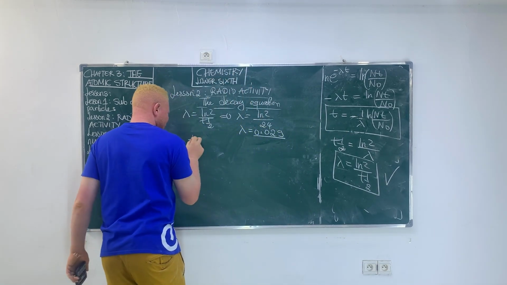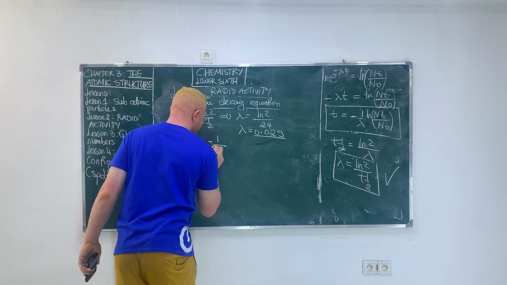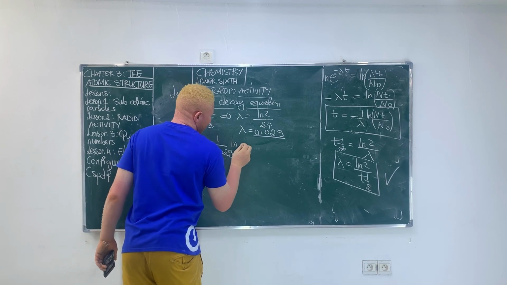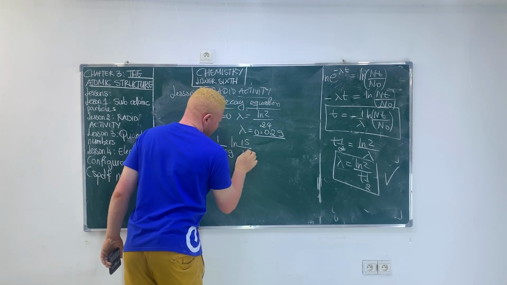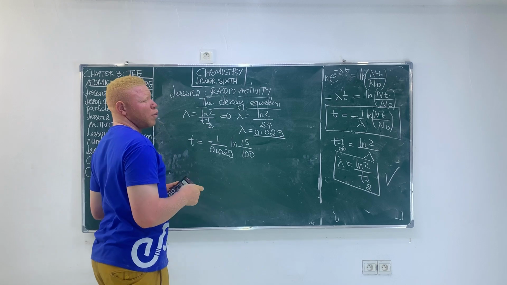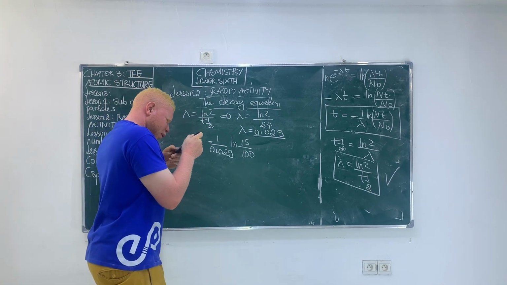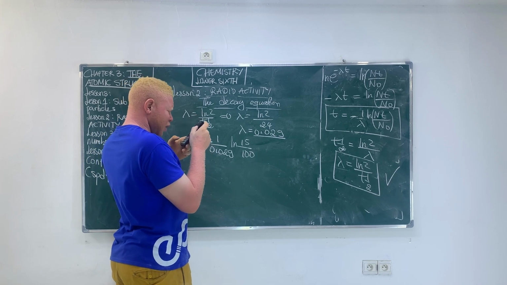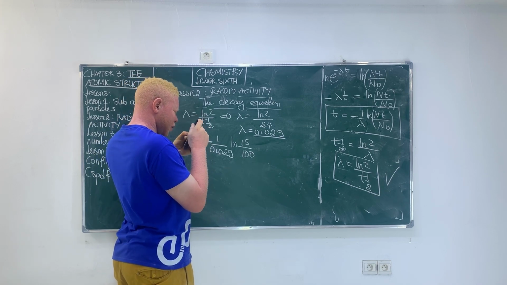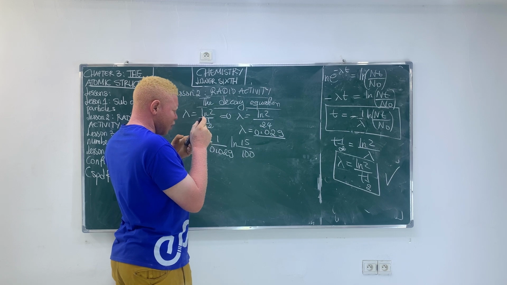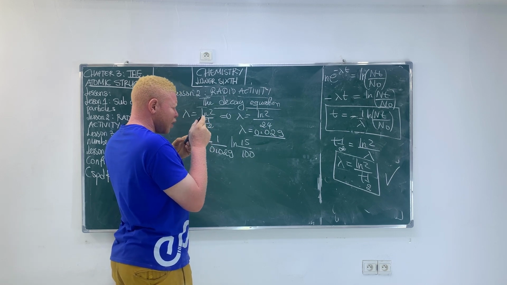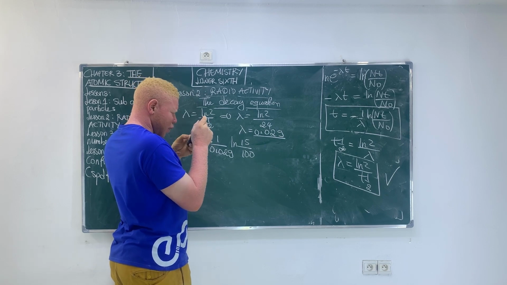We can replace now in this equation. So t is equal to minus 1 all over 0.029 times ln of 15 divided by 100. So punch in 15 divided by 100, which is 0.15, take ln of it, times -1, divided by 0.029.